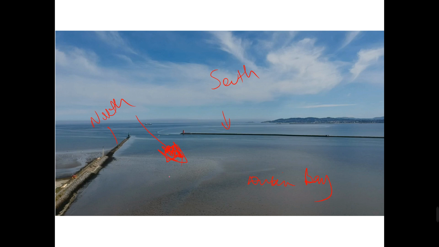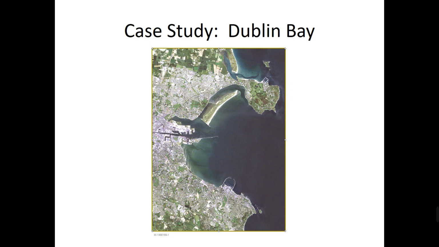And this is going to be really important later on. Because it's human interaction, these are man-made structures, the North Bull Wall and the South Bull Wall, and they have impacted on the processes of both erosion and deposition in Dublin Bay. So that's what we need to have a look at next.